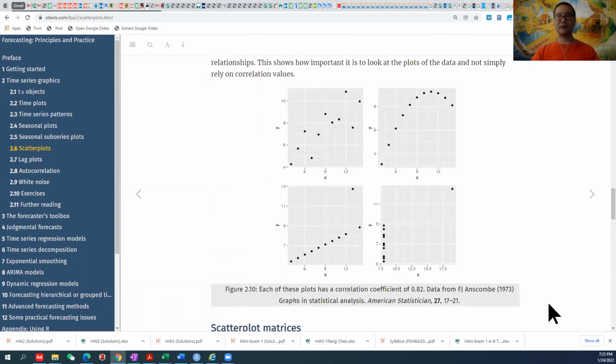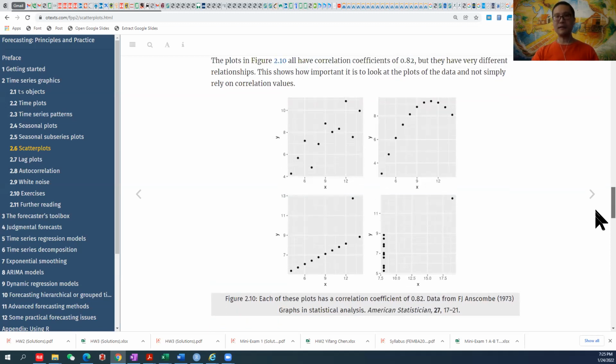There are other cases where plots with the same correlation coefficient can actually have very different shapes. So let's take another look. In these four plots, each has a correlation coefficient of 0.82. So if you simply report a correlation coefficient, any of these plots will give you 0.82.